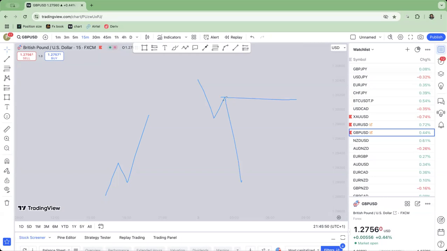So this becomes your supply zone. Every time you have rally-based rally, you have demand. Every time you have drop-based drop, you have supply. So you can have drop, base, drop, base, drop. All of these are your supply zones. Then if you have rally, base, rally, base, rally, base, rally, these are your demand zones.